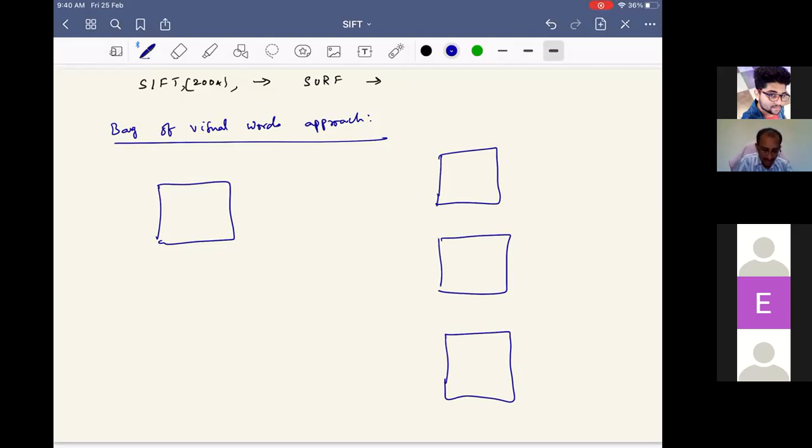So what it does is, say, a class 1 of images. Assume that you have images of class 1, class 2, and class 3. These are different classes of images. The elegance of this bag of visual words is it can be used in both supervised and unsupervised setting.